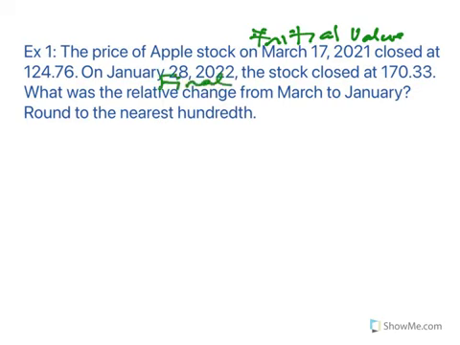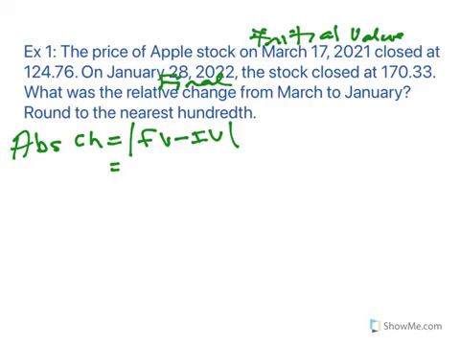Remember, to find the relative change, we first have to find the absolute change. So we take the absolute value of the final value minus the initial value. I will take the January value of 170.33 minus the initial value of 124.76.